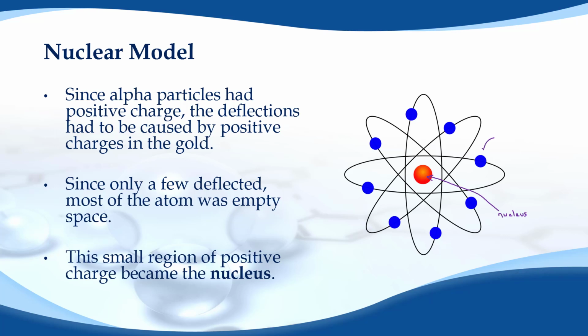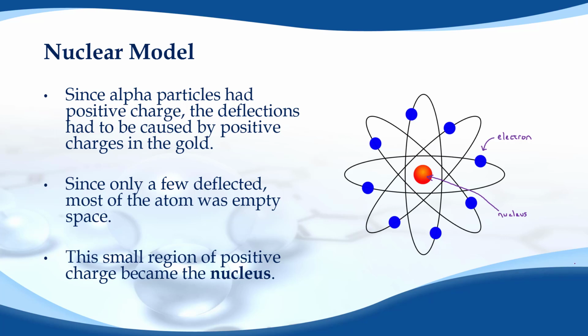It's actually really small. So we shrink that positively charged stuff down to form a nucleus. And we still have all these electrons lying around. So we're just going to have them orbit the nucleus. Right? So experimental evidence took us from billiard ball model to plum pudding model to the nuclear model.